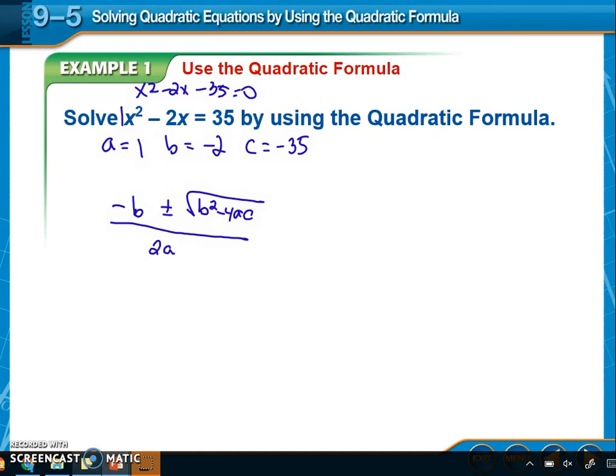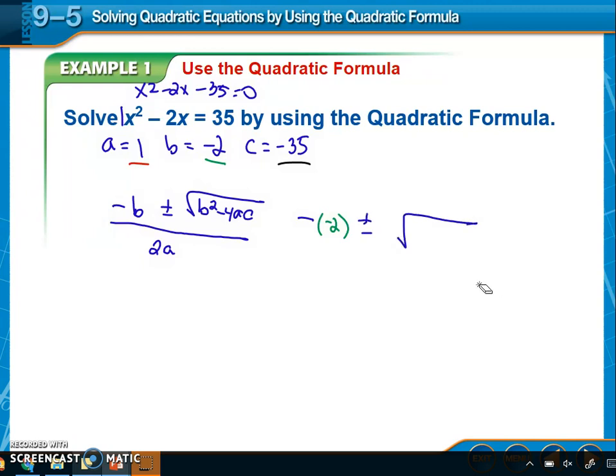So plugging in each of my values, I'm putting 1 for a and negative 2 for b, and negative 35 for c. So I'm going to have a negative negative 2, and then it's plus or minus the square root.